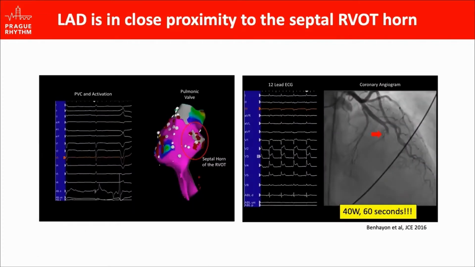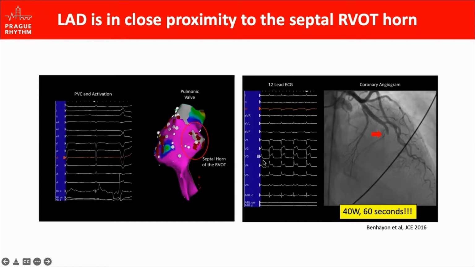And this is actually a terrible case of PVC ablation from the USA. This was a 36 years old lady with idiopathic PVCs from the right outflow tract arrhythmias, and the PVC was successfully eliminated in the RV horn, which is the place where the RV wraps around the septum.